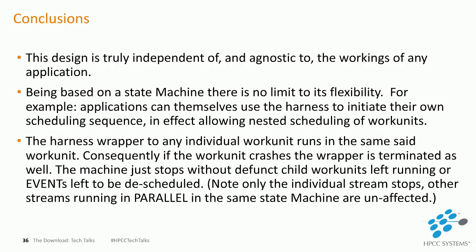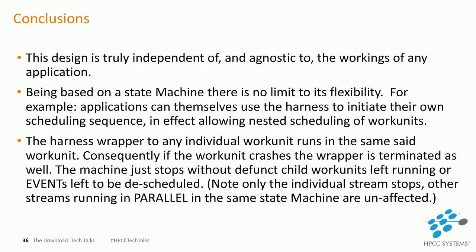For example, I've actually got a unit test where the target work unit actually uses the harness itself to nest work units. So you could end up with nested scheduling of work units. I don't know if anything would do that in reality, but you know, the option's there. And the harness is tied to the work unit itself.